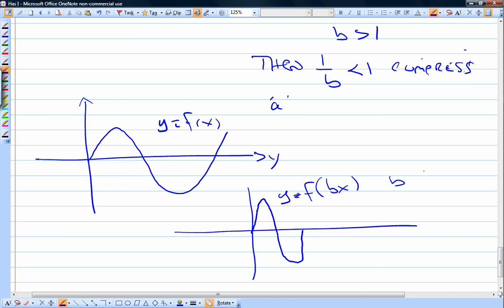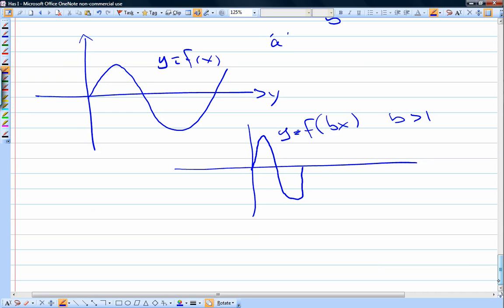So in this case, b would be a number bigger than 1. And just a little review, if we remember that from chapter 3, period was 2 pi over b. So if b is a number bigger than 1, then this would tend to make the period smaller, which means the graph goes through more cycles in shorter amount of time.